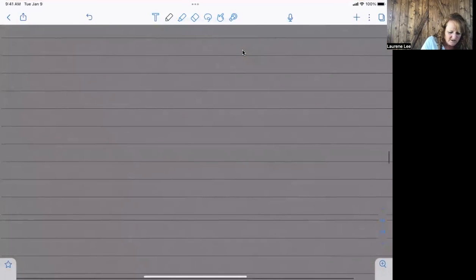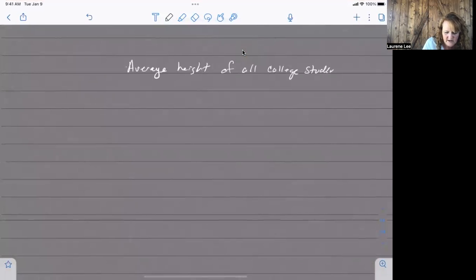So let's say we want to know what is the average height of all of our college students at one particular college. Let's say, for example, that there are 50,000 students on campus. So then what I do is I'm like, well, I don't really want to measure 50,000 students.